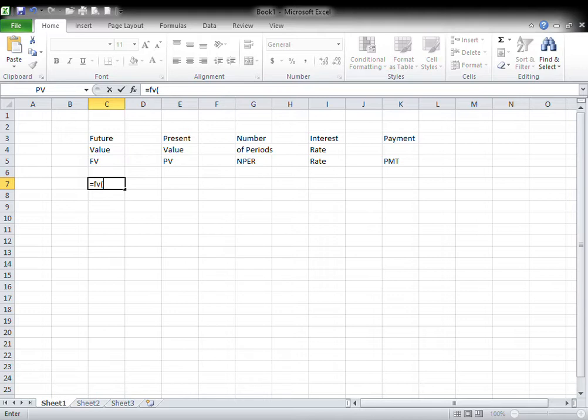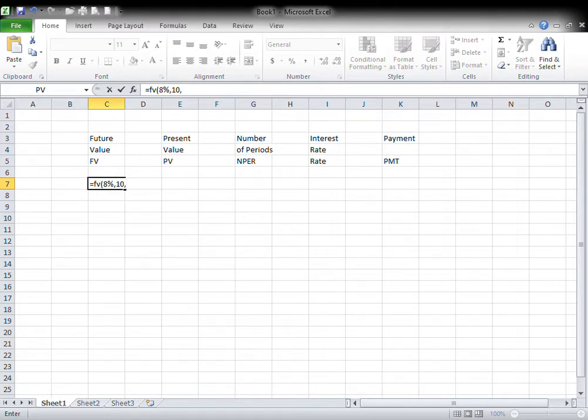The first thing we need is the rate, which is 8%. Comma. Next is the number of periods. This is an annual interest rate, so the period is years, so we put in 10 years.